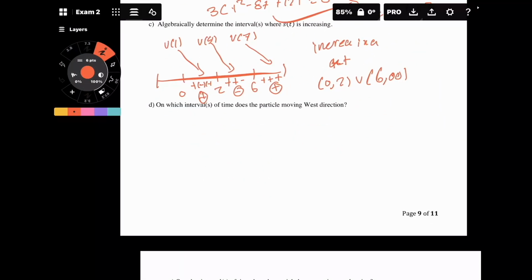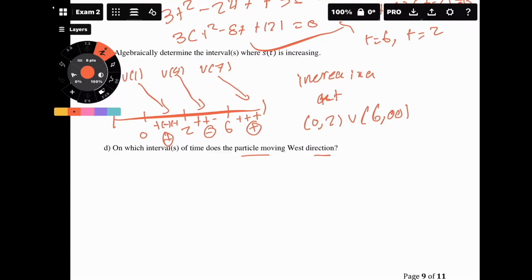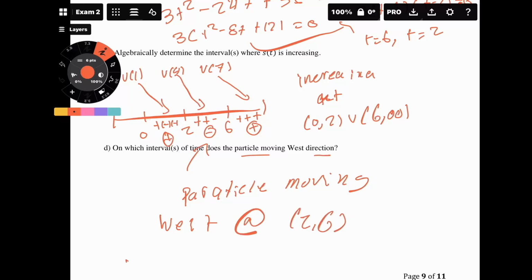Okay. Now we want to know where the particle moves west. So all we want to know is where the velocity is. Okay, so on the interval, the particle moving west. West means where it's negative. Since from this we can tell where negative is, so we can tell the particle is moving west at 2 to 6, since west means negative.